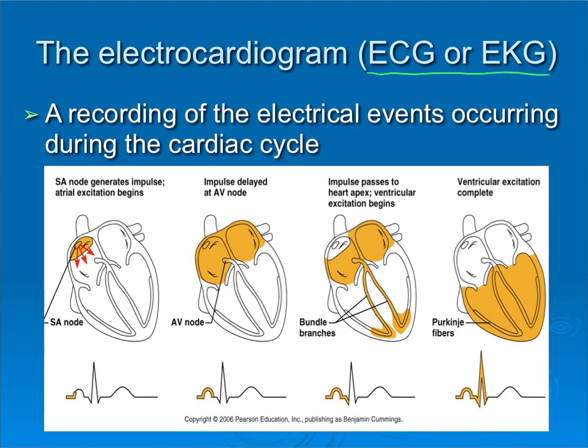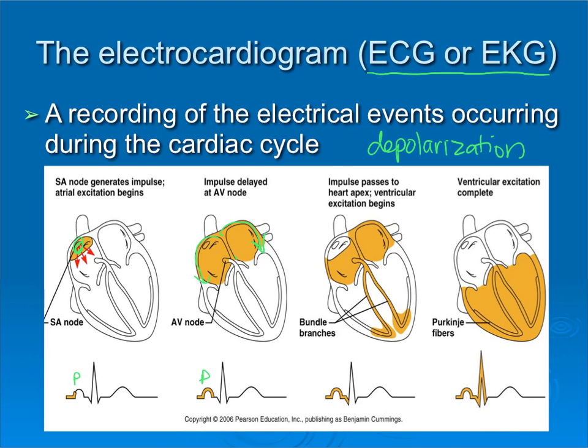So basically where depolarization, when the inside of the cell becomes more positive because sodium is entering it. So again, what we see, you initiate it at the SA node. When the SA node starts the depolarization, that begins what we're going to call the P wave. The P wave is the depolarization spreading through the atria.